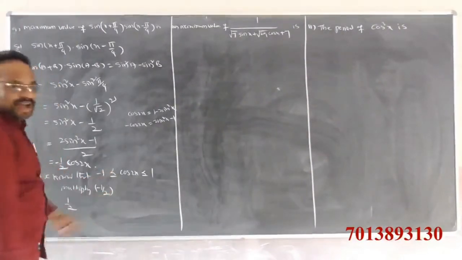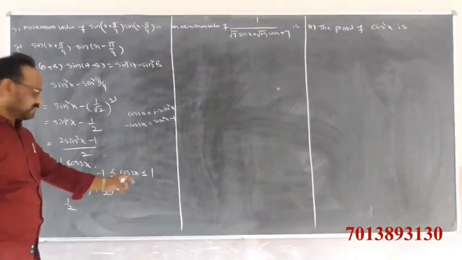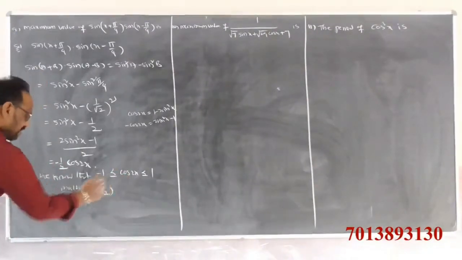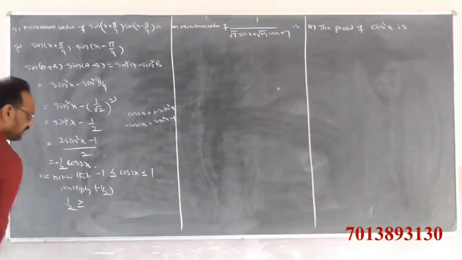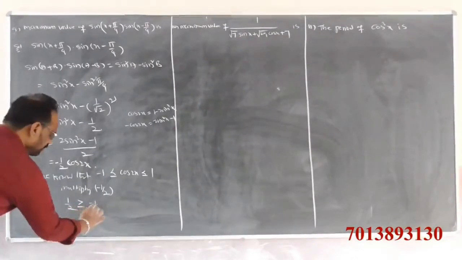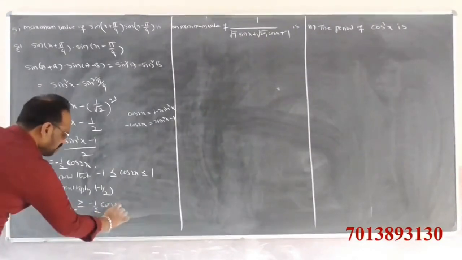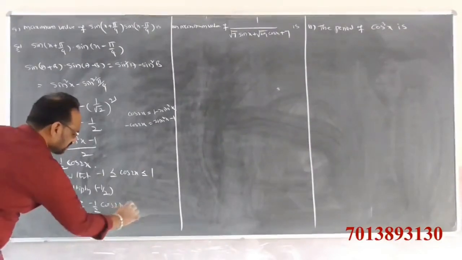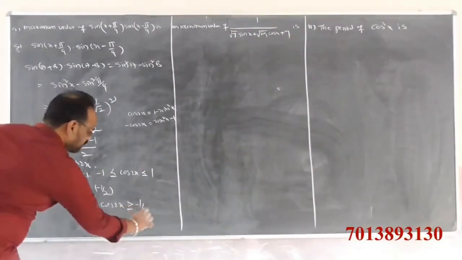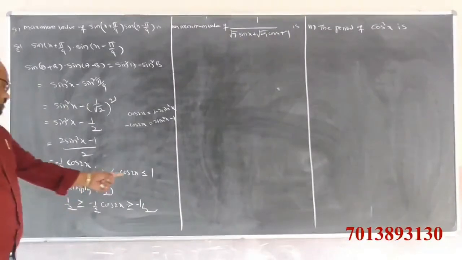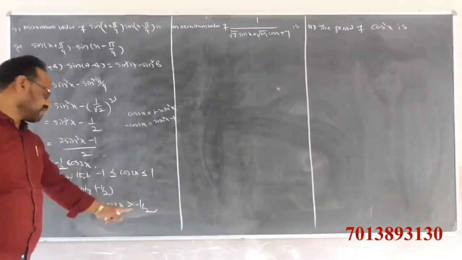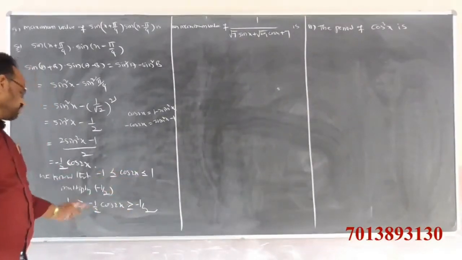If you multiply by a negative number, the inequality sign will also change, so less than or equal to converts into greater than or equal to.